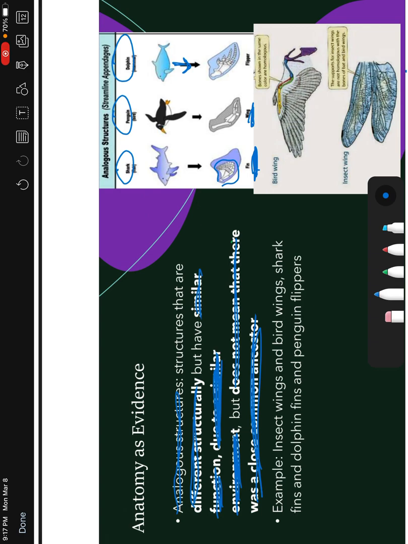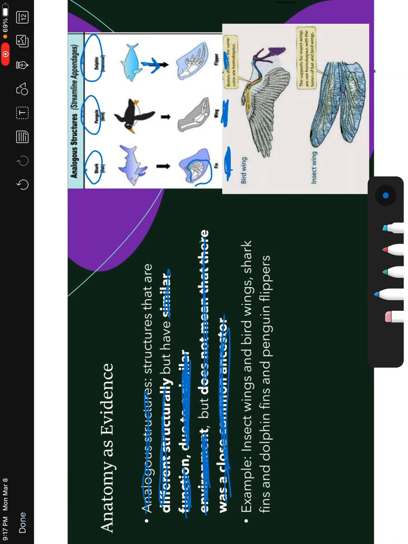If you've ever seen an ornamental fan, that is kind of what that structure would look like connected to the shark's body, which is very different from the actual structure of a flipper in a dolphin or the wing of a penguin. And these structures arose due to the similar environment of being in the water. These help the animals turn and navigate the water.